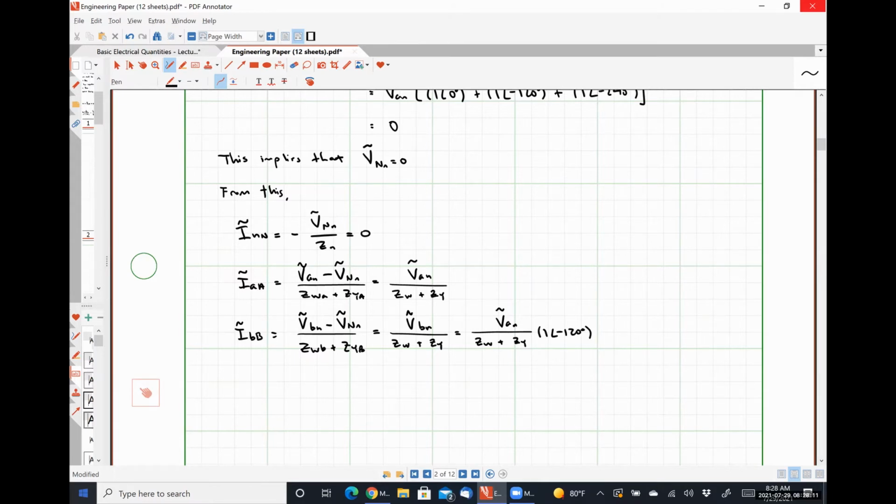So we know that since our voltages have 120 degrees of separation, it turns out that our line currents are also going to have 120 degrees of phase separation when we have a balanced system.